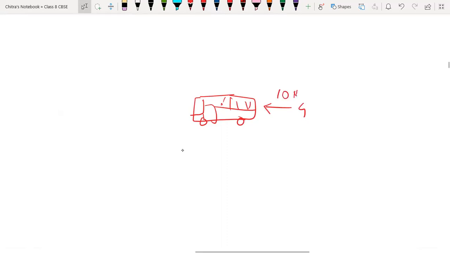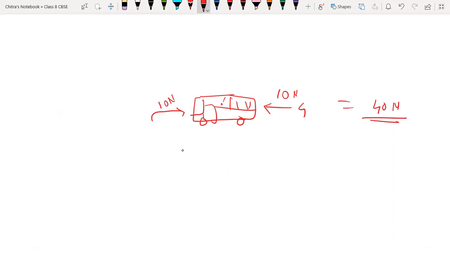So the total force will be 40 Newton, which is required to push the bus. But suppose one person is going to apply force from the opposite direction with 10 Newton of force.